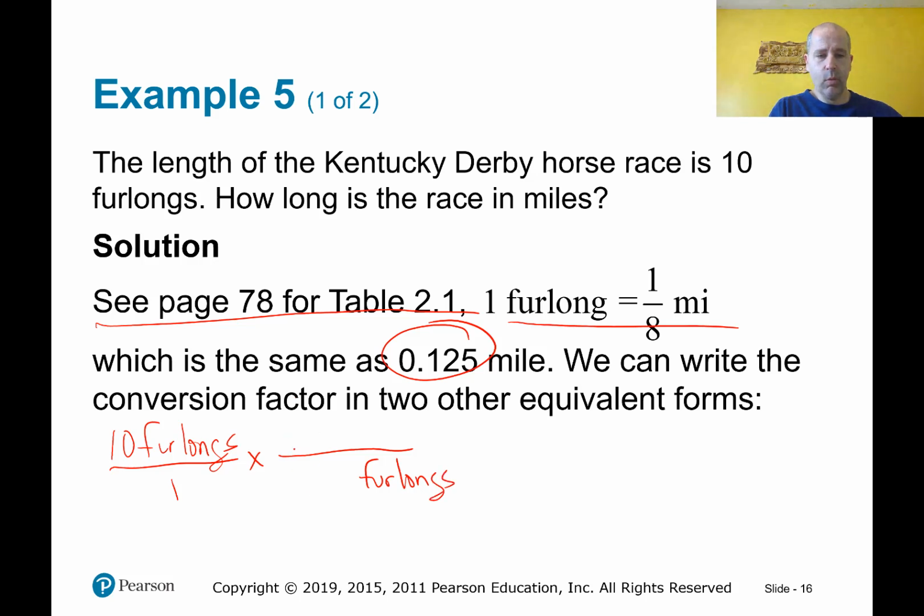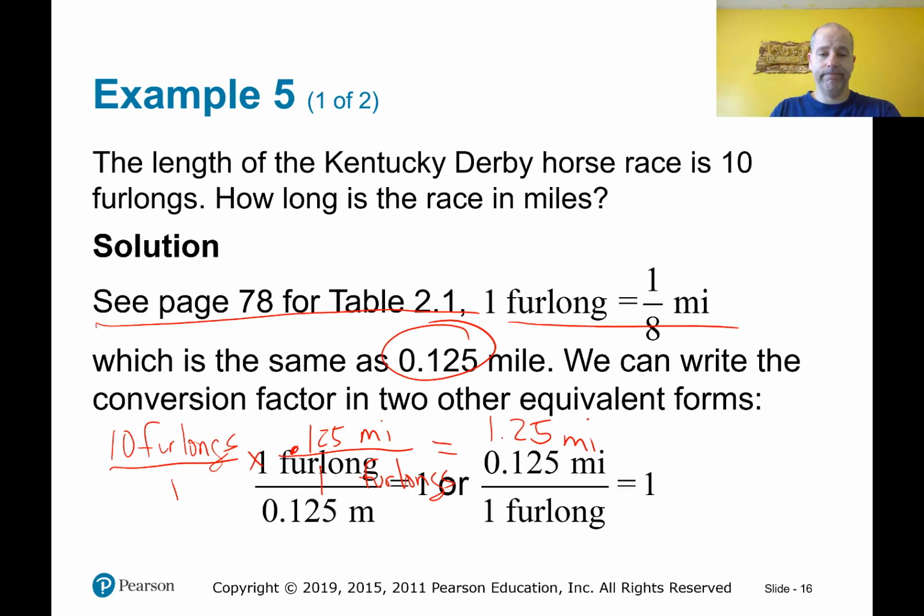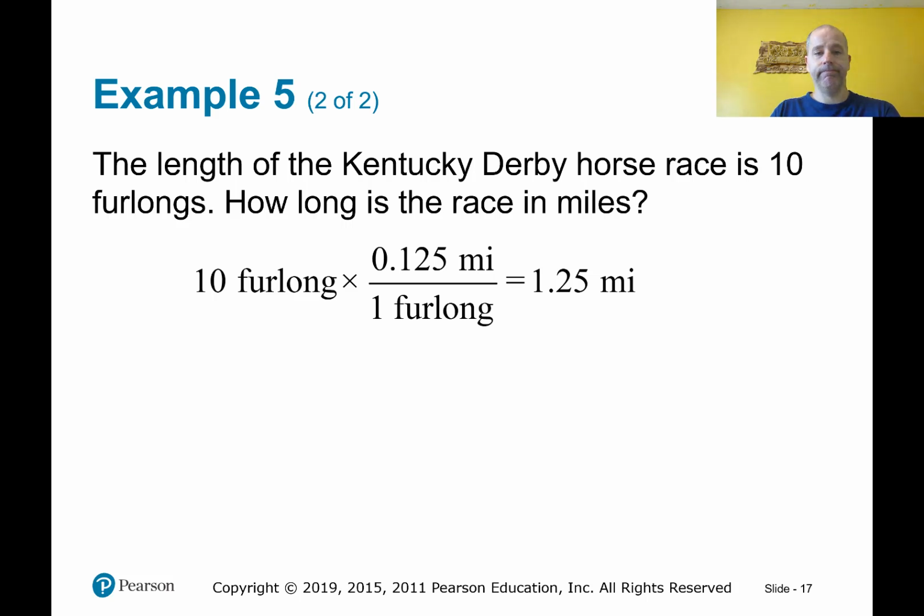So this is going to be 0.125 mile over 1 furlong. And so again, multiply across the top and the bottom. That'll give us 1.25 miles. So the Kentucky Derby is 1.25 miles. Look at that.